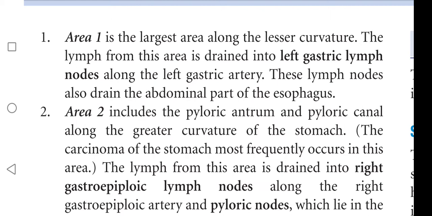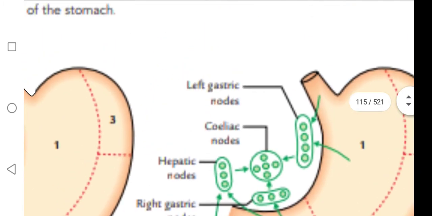The lymph from this area is drained into the left gastric lymph nodes along the left gastric artery. These lymph nodes also drain the abdominal part of the esophagus. Okay, see the figure.